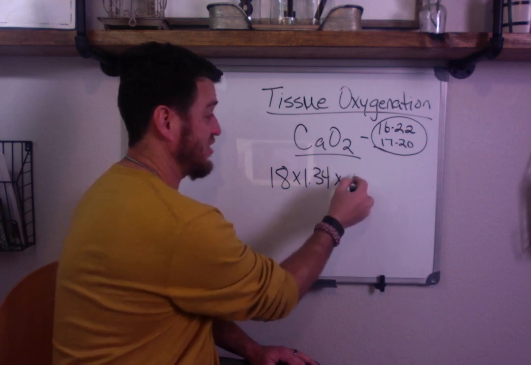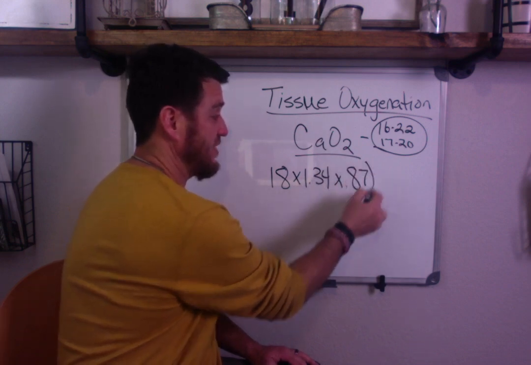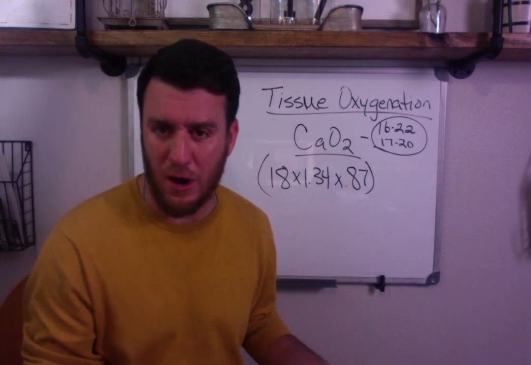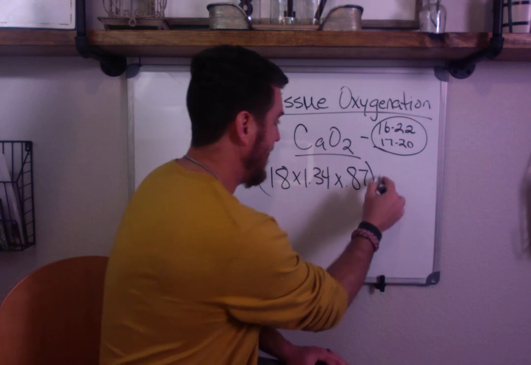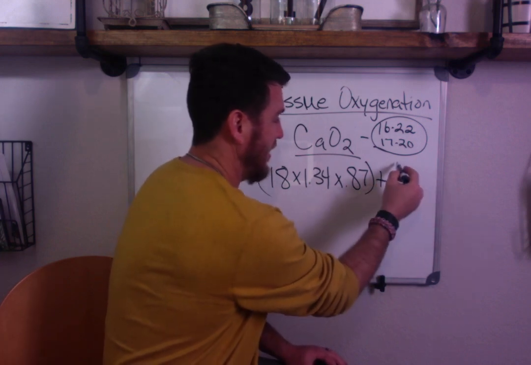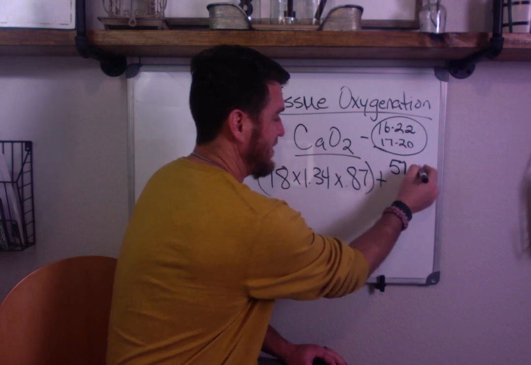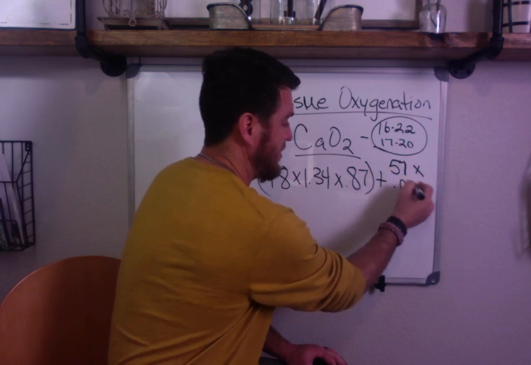Let's say they have a saturation of 87%, and that's where they live. And we want to panic about it, but why are we panicking? I'm going to show you in a second. And then we're going to add that to a PaO2 of 57, 57 times 0.003.